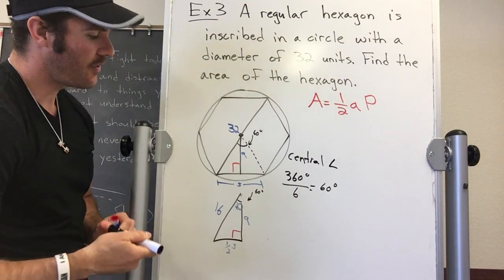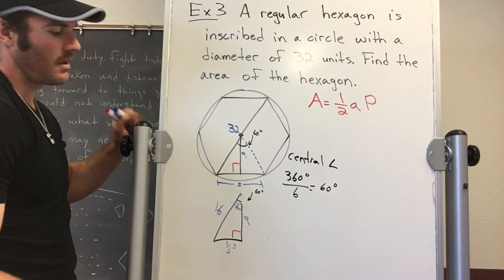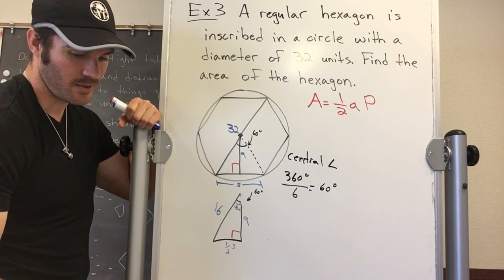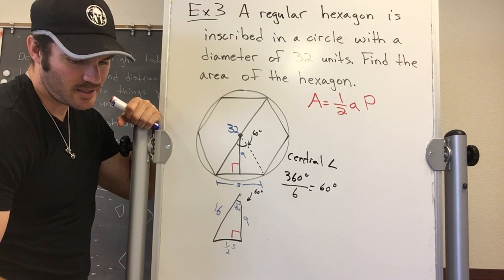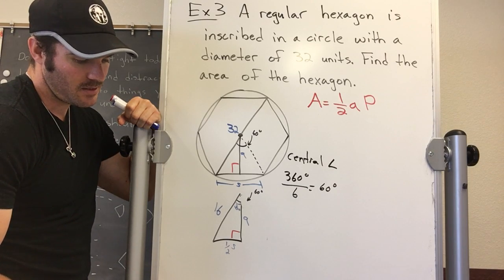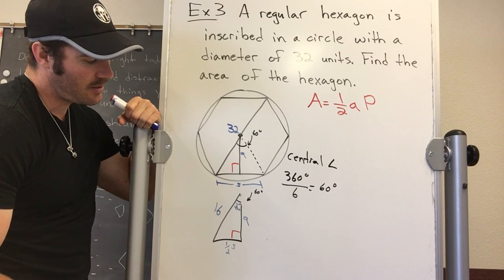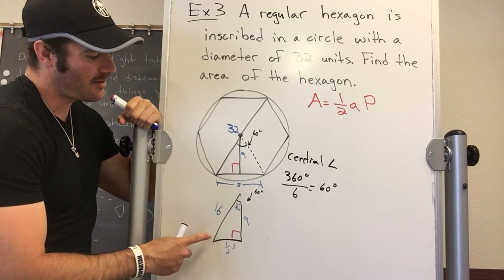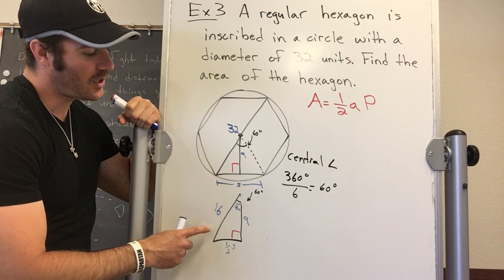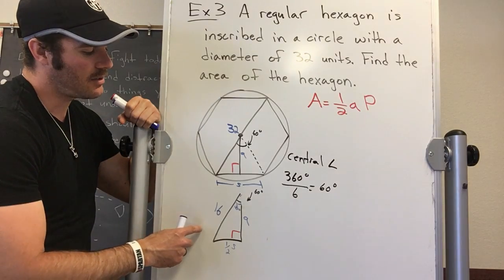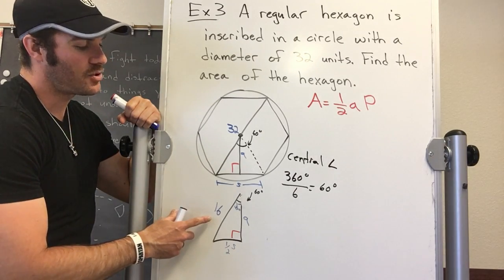All right, now that we have the 30 degrees, this is a 30-60-90 triangle. And with a 30-60-90 triangle, you can do all kinds of stuff. I don't have the theorem memorized. I have to go back through my notes. We can do the 30-60-90 triangle theorem, or we can do SOHCAHTOA.